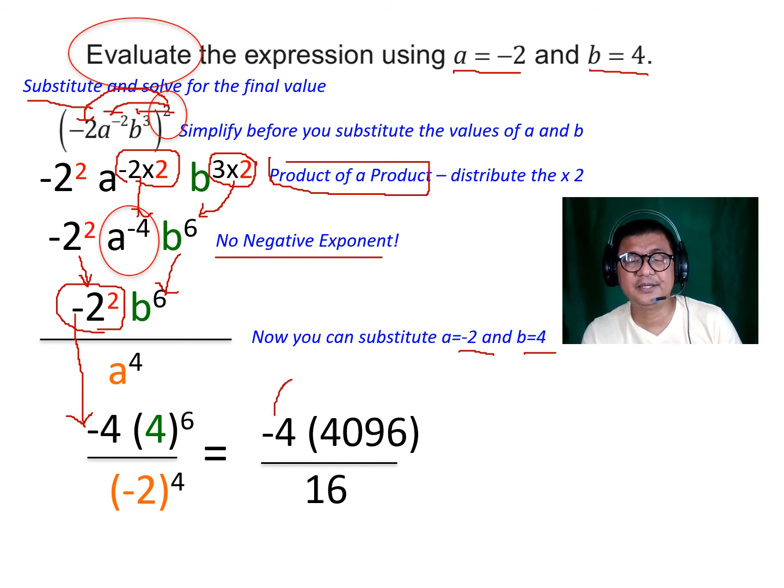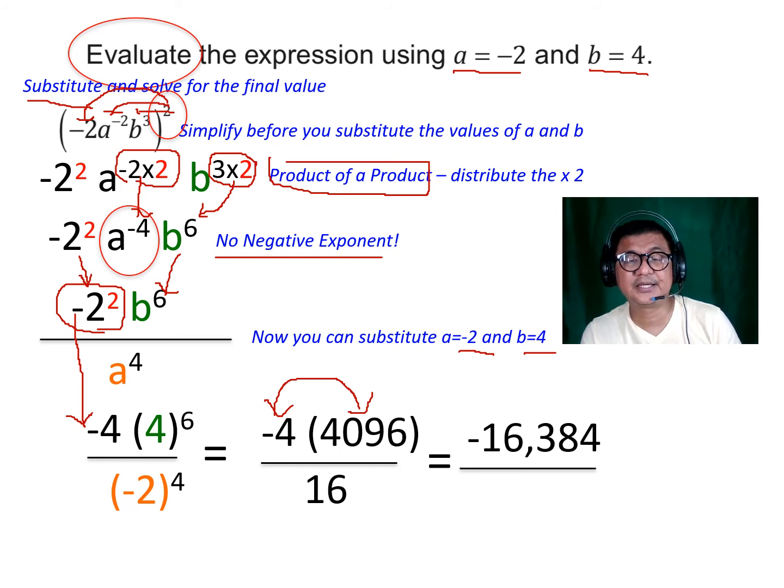So you can multiply now the two numbers on top. But yes, you can simplify this, but we'll skip that process. You can simplify the negative 4 and 16. As I said, we'll skip that process. And then that becomes negative 16,384. Positive times negative is negative. Then divided by a positive 16.